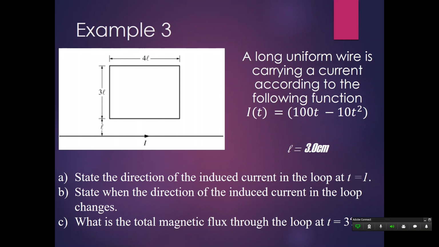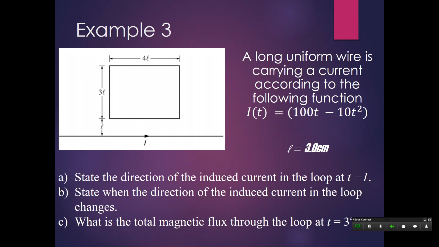So that's the function of the current. That means the current's going to increase, and at a certain time, it's going to decrease until it starts going actually in the backwards direction. We actually don't know, they don't tell us when the time ends. So it's possible that this goes on forever.